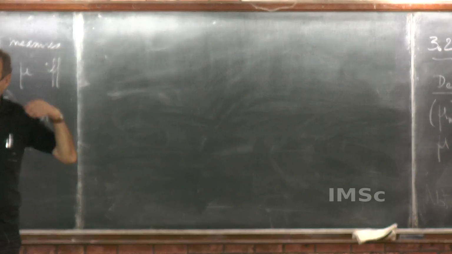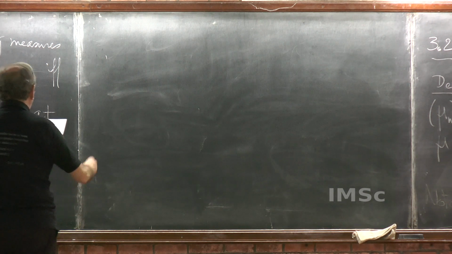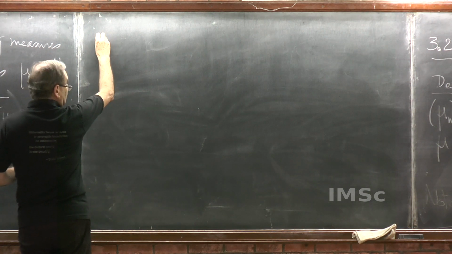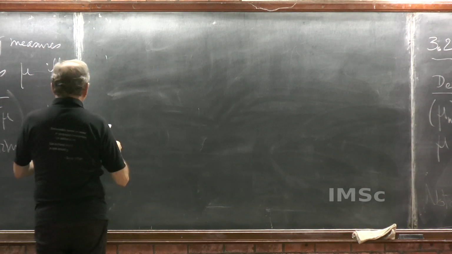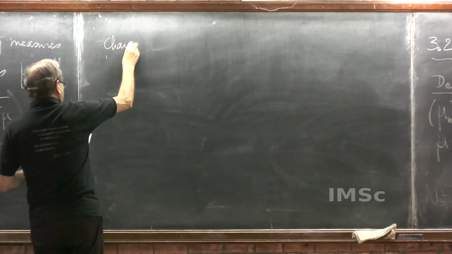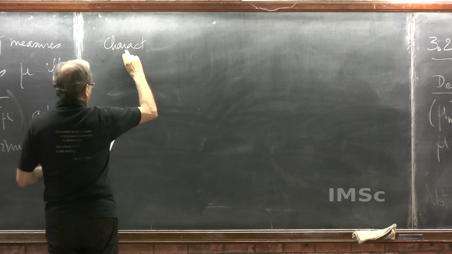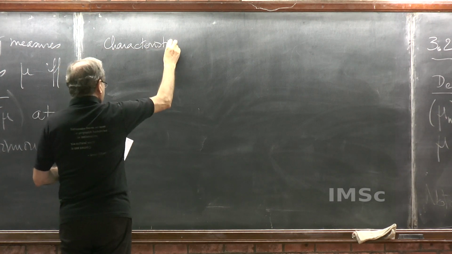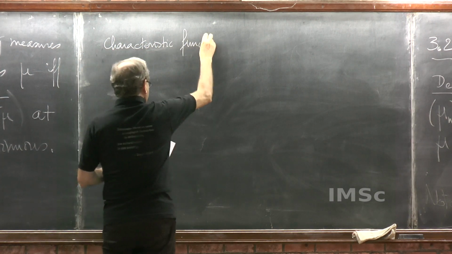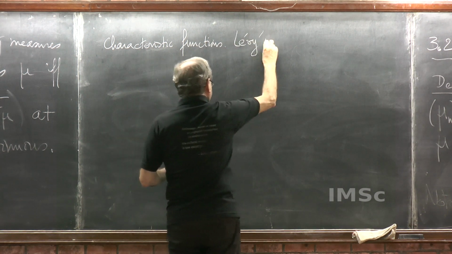Probability existed, and so they had their own vocabulary for that. And so this is what is called, so I am in 3.2, I stay here, 3.3, characteristic functions and Levy's theorem.